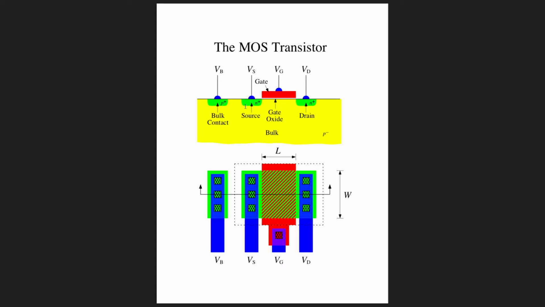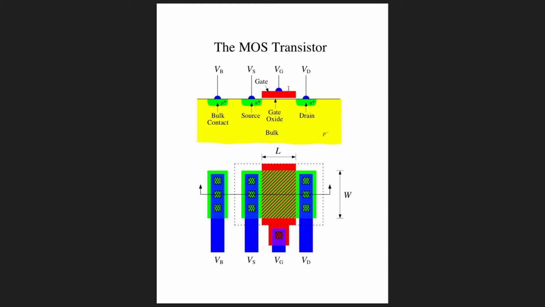So these are PN junctions, and if we bring the bulk to a higher potential than the source or the drain, that forward biases these junctions, which normally we have to keep reverse biased. That can cause a bunch of interesting things to happen which we would normally not like to happen. But we typically will have a bulk contact off here to the side, close by to the transistors, to locally control the potential of the bulk of the MOSFET.